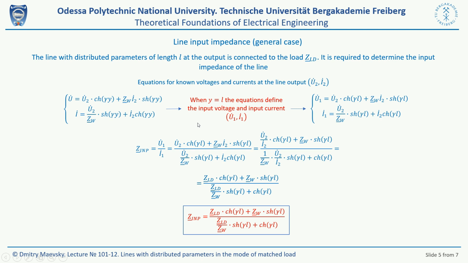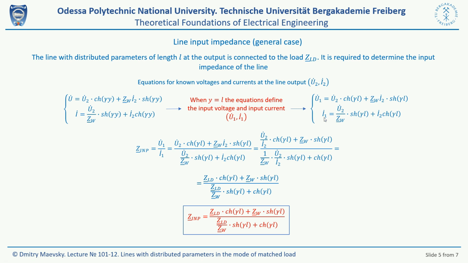Let's mentally move to a distance L from the end of the line, which is the entire length of this line. If y is equal to L, then we are moving to the beginning of the line, and these equations describe the voltage U1 and current I1 at this point, at the beginning of the line.